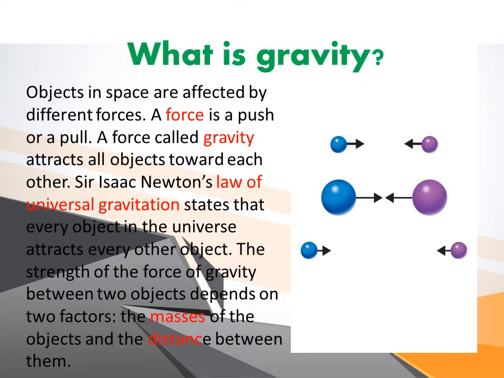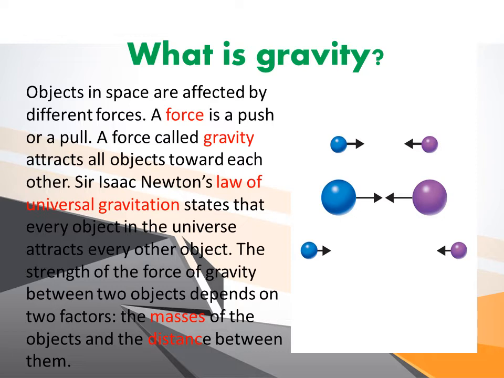So what is gravity? Objects in space are affected by different forces. We know that a force is a push or pull. A force called gravity attracts all objects towards each other. The great scientist Sir Isaac Newton's law of universal gravitation states that every object in the universe attracts each other.